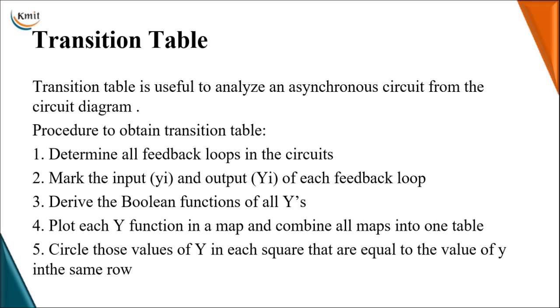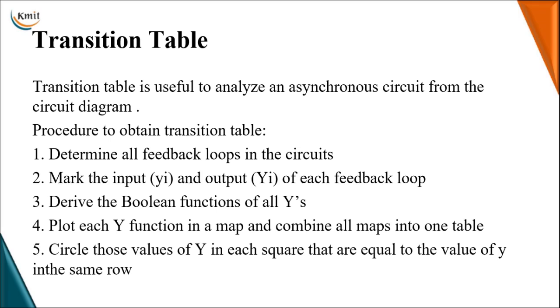You don't have only one output or one state in your sequential circuit design, you have multiple next states. Hence we have to draw, for each next state, one individual K-map. Now you have to draw the transition table. Upon drawing that transition table, we have to circle the stable states.